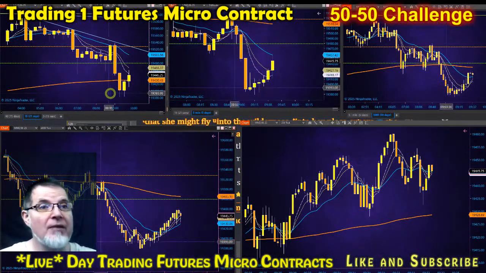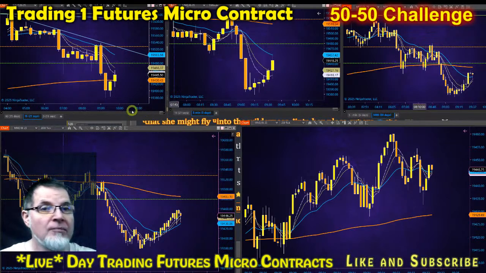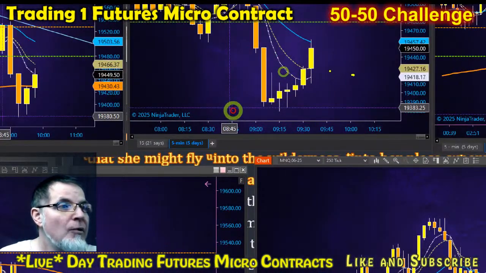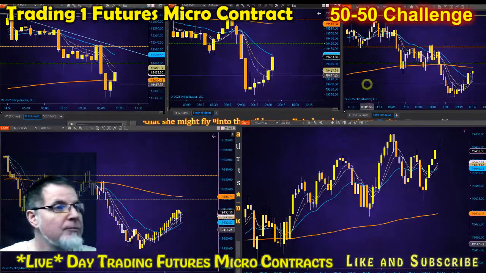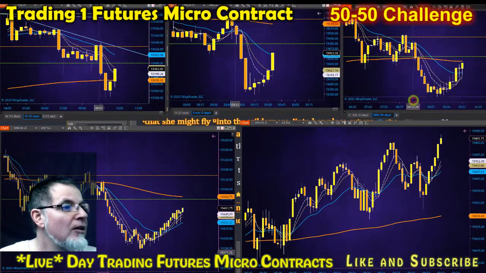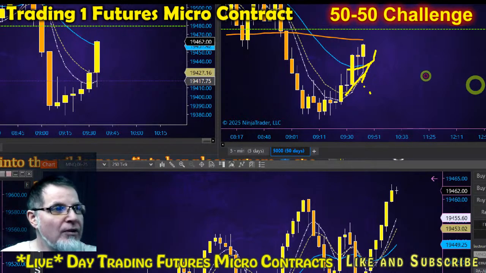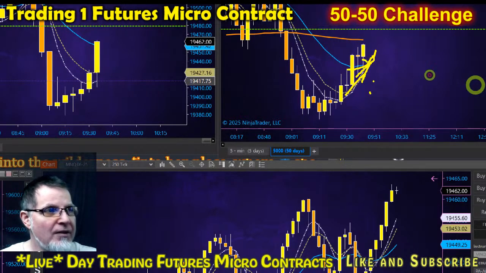Now we don't have everything agreeing. Okay, so on the 5-minute chart, the moving averages haven't crossed yet, but the momentum lines have crossed, and it's over the 3 moving averages on the 5,000.